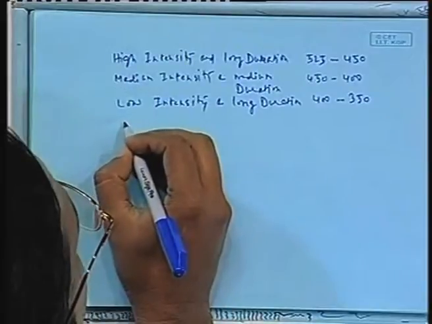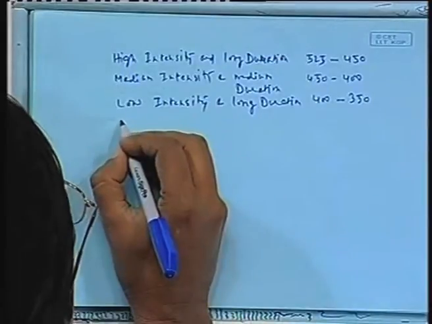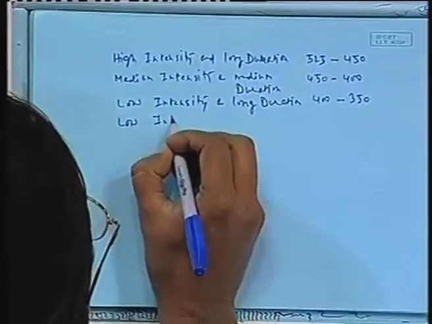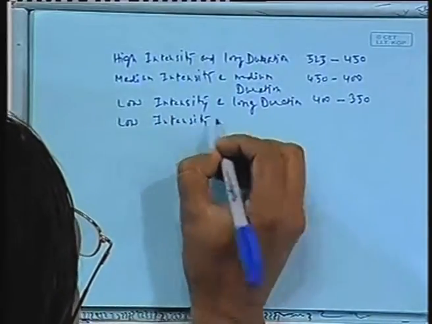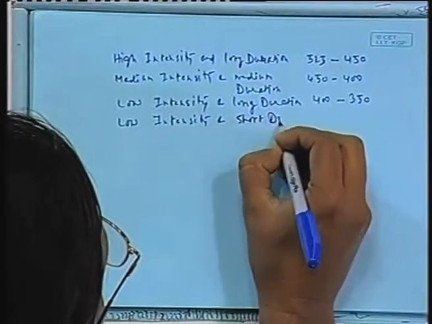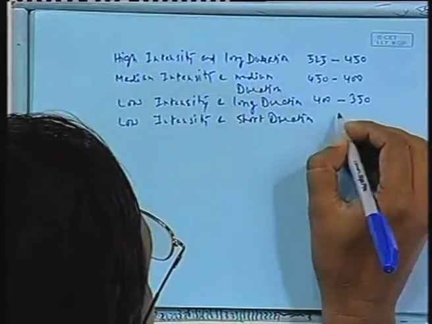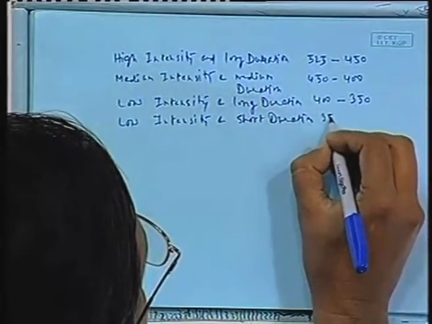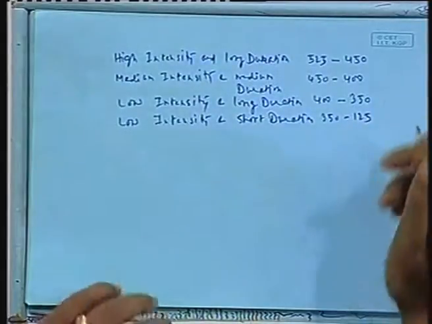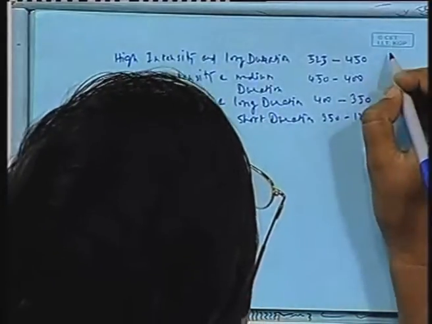Then there is low intensity and short duration. Here we will mostly have values between 350 and 125. In cases like this, you can always use the median values.